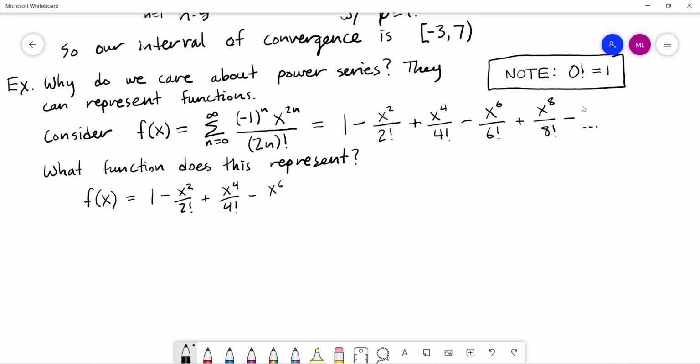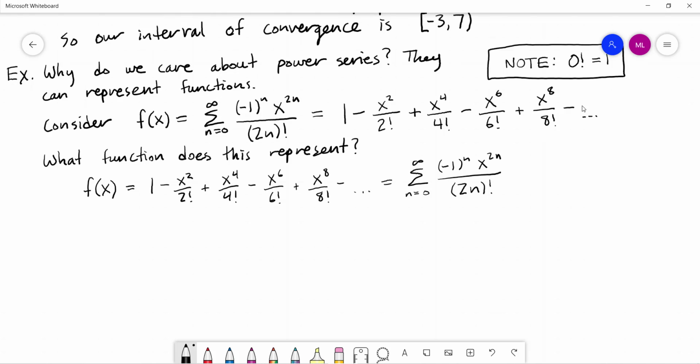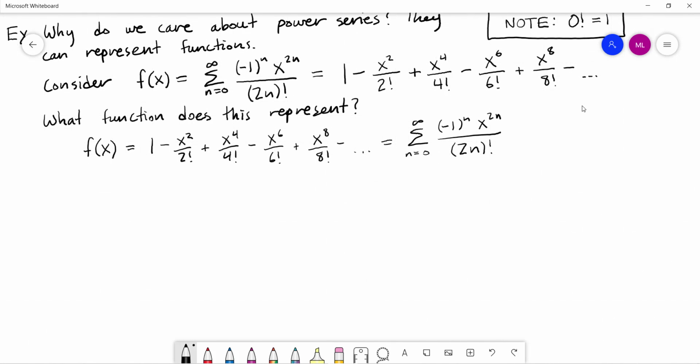Minus x to the 6th over 6 factorial plus x to the 8th over 8 factorial minus ... And we already said we can represent that as the sum from n equals 0 to infinity of (-1)^n x^(2n) over (2n) factorial. And let me put that 2n in parentheses. What I'm suggesting when I say that we can apply calculus to this is I want to know what f prime of x looks like.